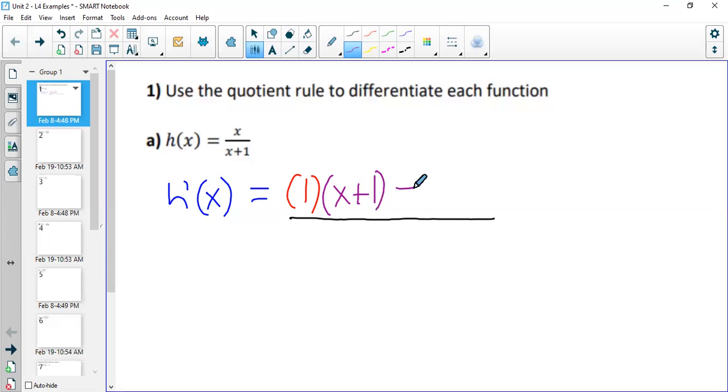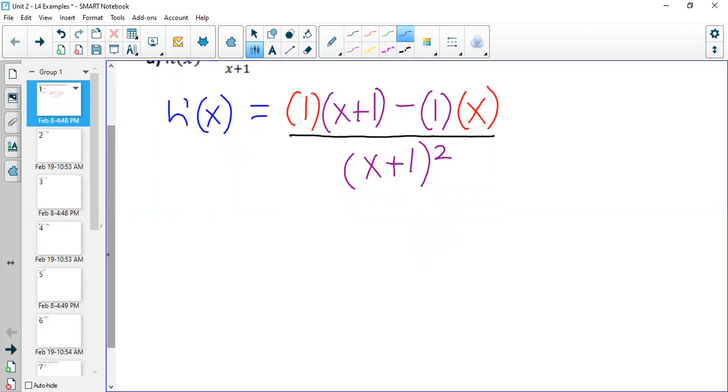Now I'm going to take the derivative of the bottom function, which is also 1, and multiply it by my original top function, which is x. And all of that is going to be over the bottom function squared. So it's going to be over the original x plus 1 function squared.